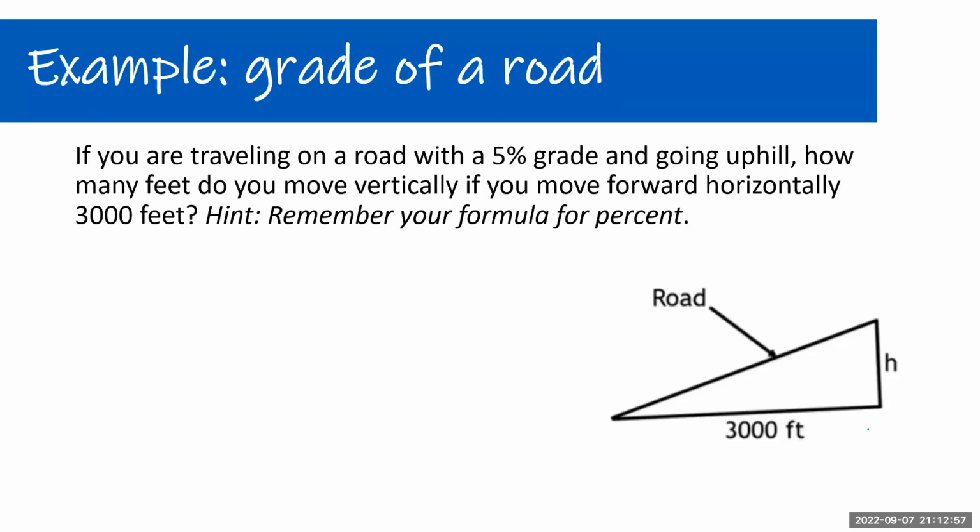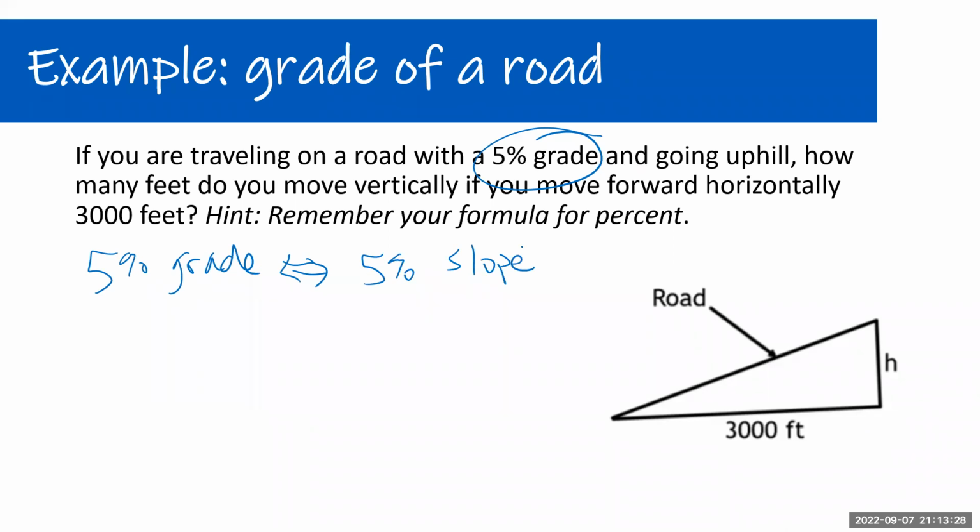Let's talk about the example for the grade of a road. If you're traveling on a road with a 5% grade and you're going uphill, how many feet do you move vertically if you go forward 3,000 feet? Okay. A 5% grade is the same thing as telling us that we have a 5% slope. Okay. So 5% grade is a 5% slope.